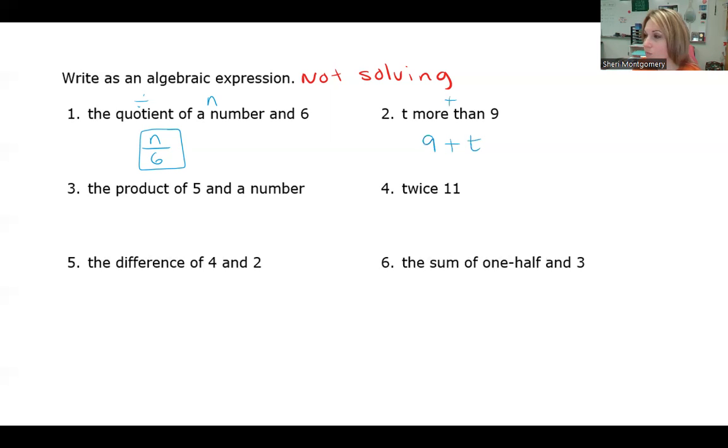That says T more than 9. And that's it. We're not solving anything. Because it's addition, it is correct, but I want you to be able to read it the way that it says. This says T more than 9.